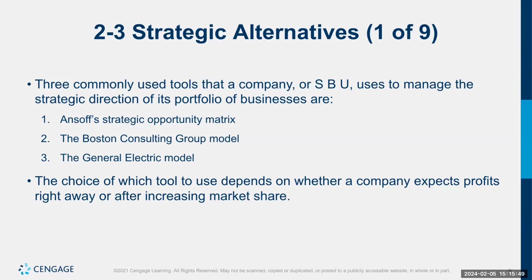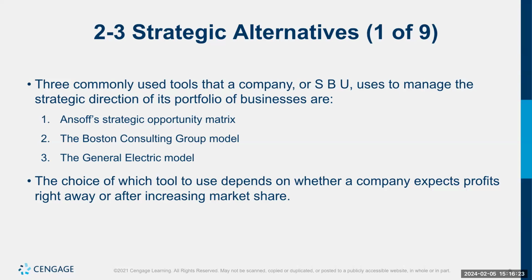The General Electric model, or the GE matrix, obviously was developed by General Electric, hence the name again, and is a multidimensional tool that evaluates a business based on two factors: market attractiveness and business position. The matrix divides the business into categories such as investment, growth, maintenance, or divest. And that helps the organization make decisions about allocating resources and strategies.